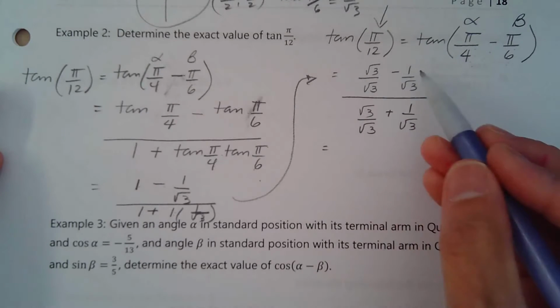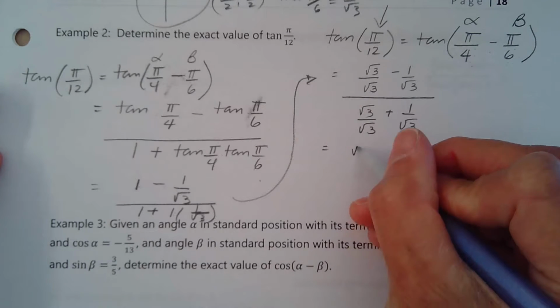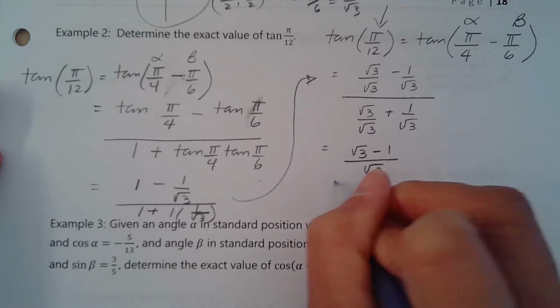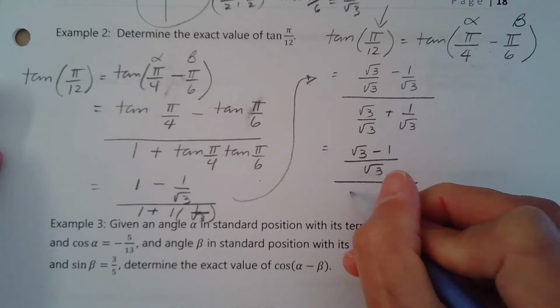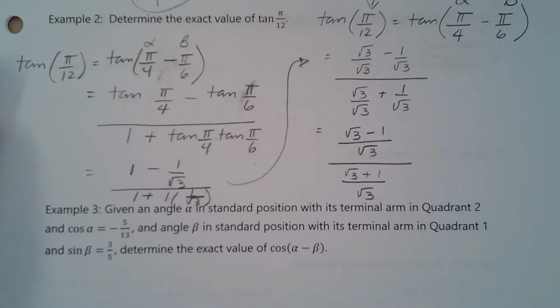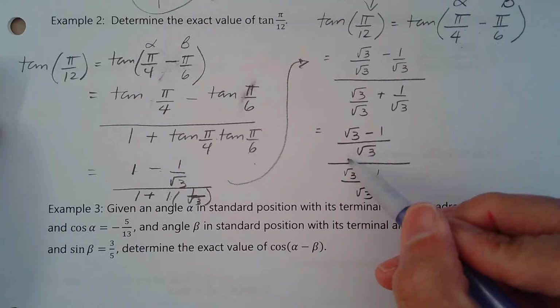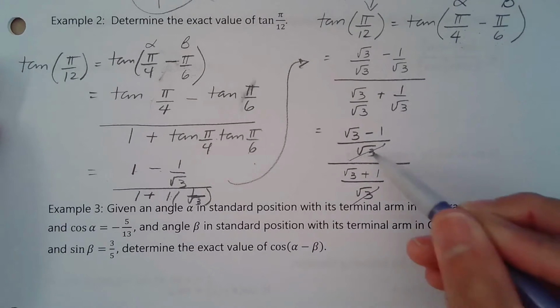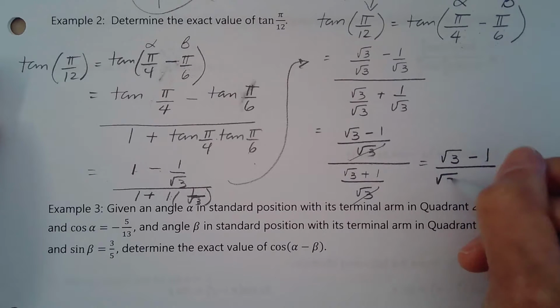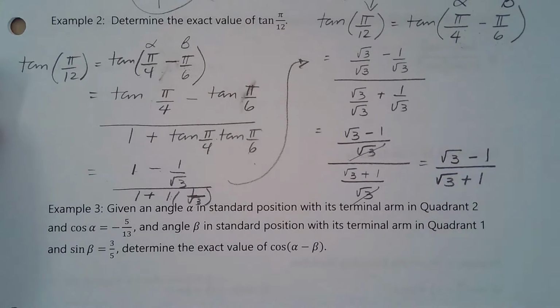So let's see if we can clean this up a little bit. So root of 3 minus 1 over root of 3. And in the denominator, it's going to be root of 3 plus 1 over root of 3. And we can probably see that the root of 3's cancel, right? Because they're both in the denominator. So our answer would be root of 3 minus 1 over root of 3 plus 1.